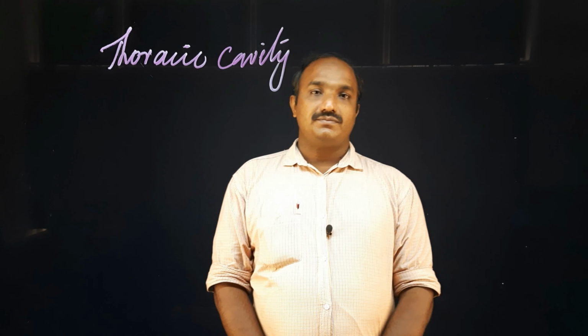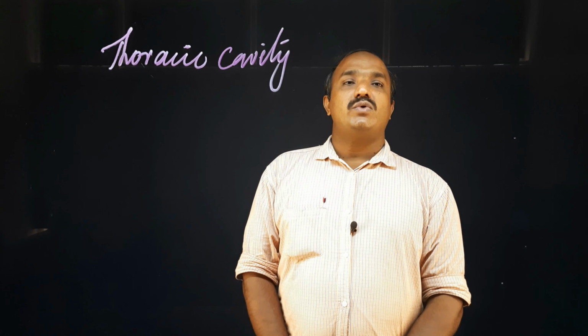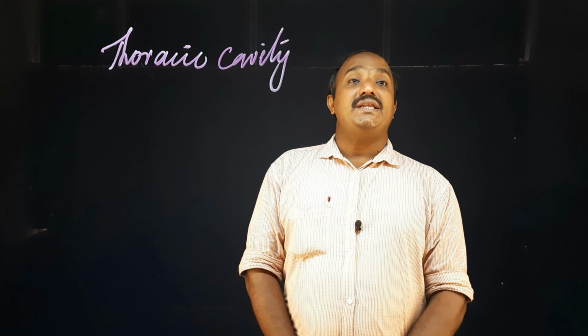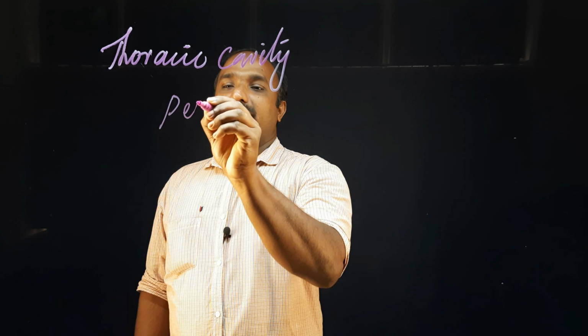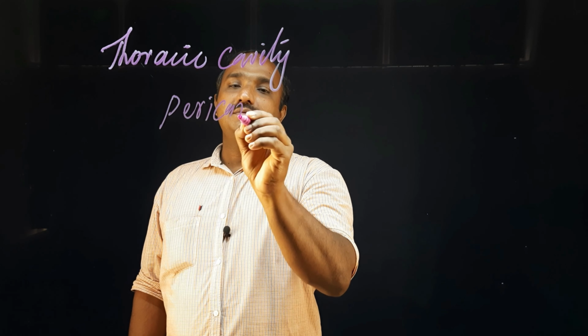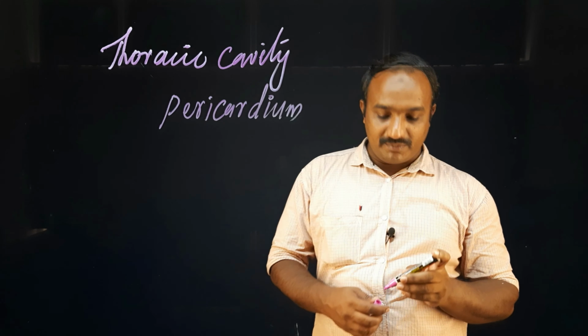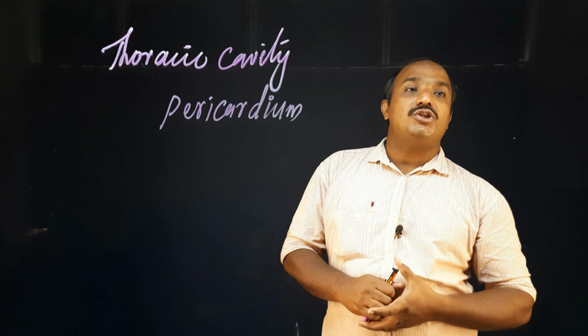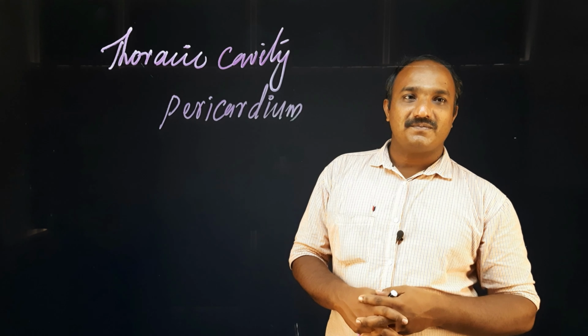Then there is a covering or protective membrane around the heart. The heart is protected by a two-layered membrane, which is called the pericardium. The protective membrane on the heart is called the pericardium. Clear?